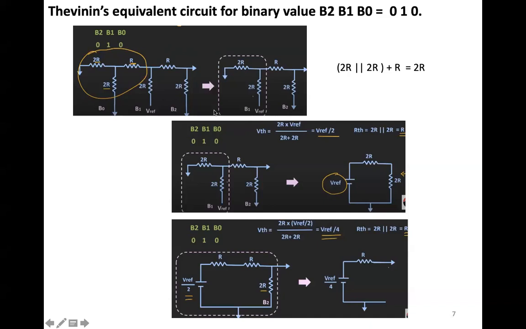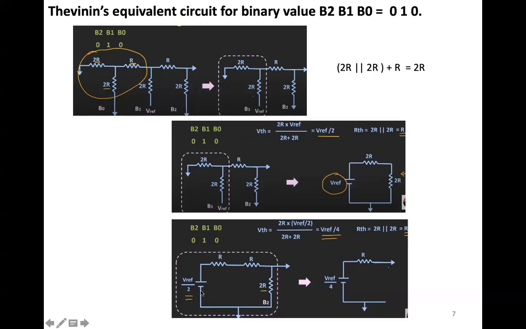Next, I'll have to convert this 2R and 2R. It should give me only R. So again, R plus R should give me 2R. That is what I have written here, 2R and then 2R. Now R, R, 2R.